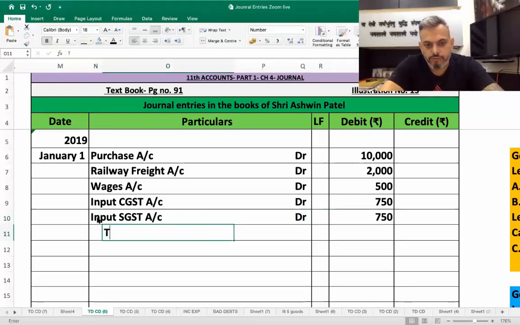Now we have purchased goods from Suresh Bhai, and this amount is paid by check, so the name is not required. Directly bank account. Do the totals. So 12,500 plus 1,500, 14,000.